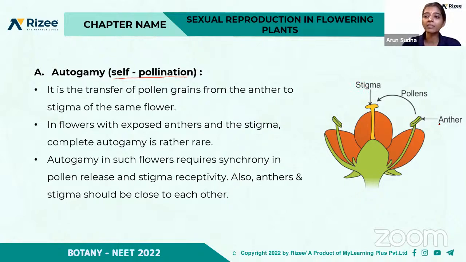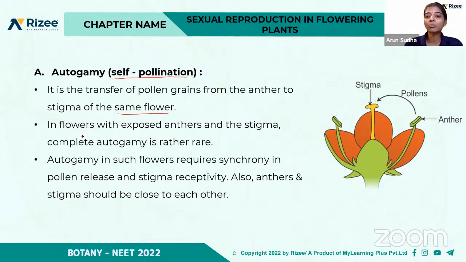Here the pollen is transferred from the anther to the stigma within the same flower. So it is called self-pollination. This is more important: it is a transfer of pollen grains from anther to stigma of the same flower.